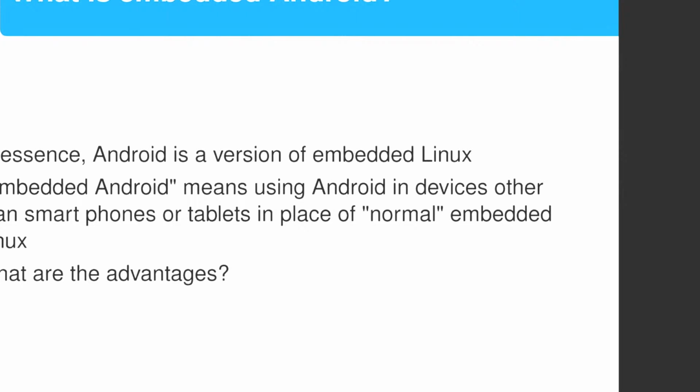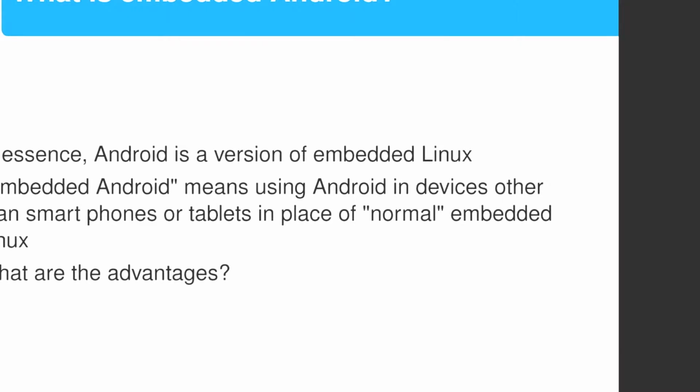So that's regular Android. But what we really wanted to look at right now is how can we take that and make it work on a regular embedded device. So what do we mean by embedded Android? Android is, after all, basically an embedded operating system right from the very start.